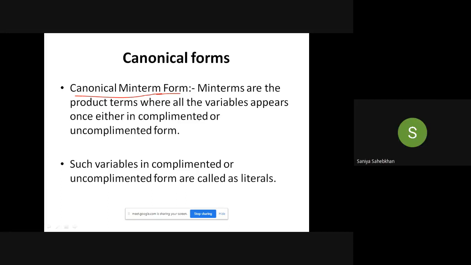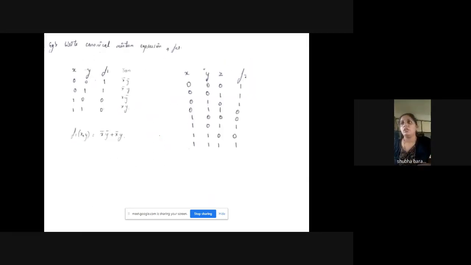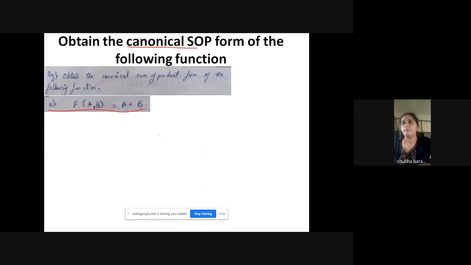Canonical mean term form's definition is: mean terms are the product terms where all the variables appear once, either in complemented or uncomplemented form. In this numerical, they have expressed f of AB as a plus b.